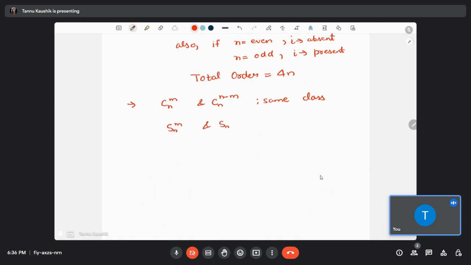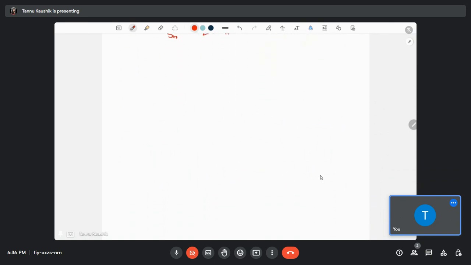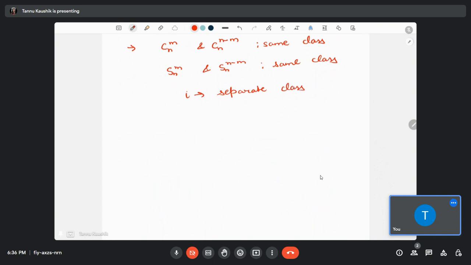The S2n^m improper axes of rotation will again be in the same class. i will always be in a separate class, and the nC2 will always be in the same class. Then the n sigma d will always be in the same class.